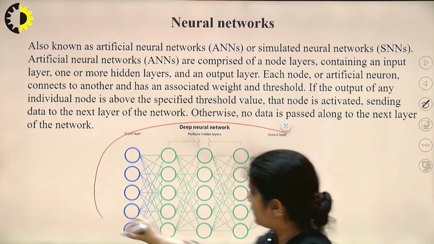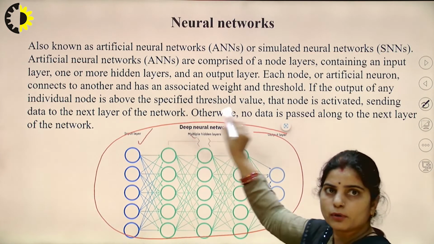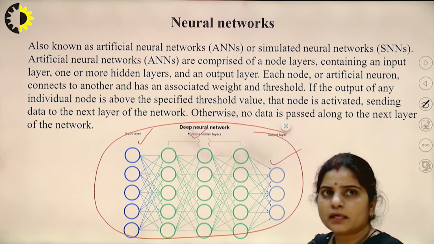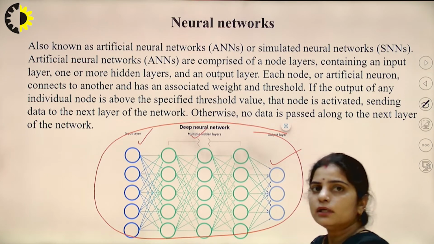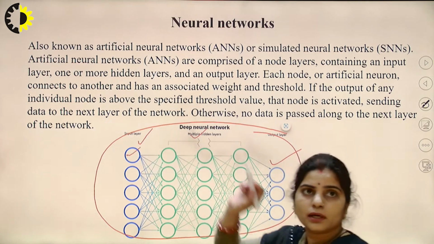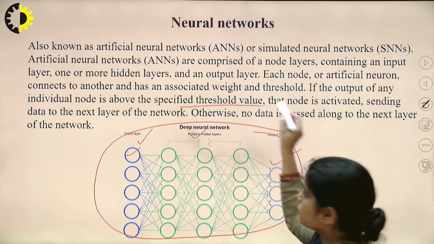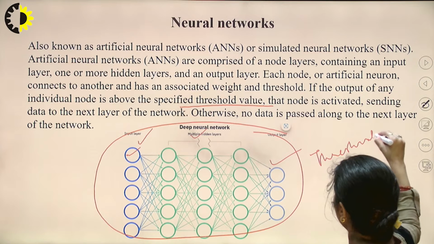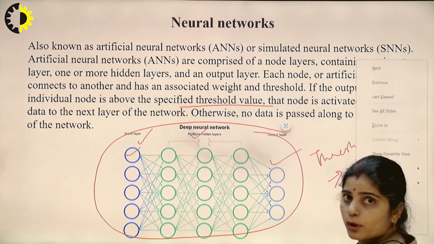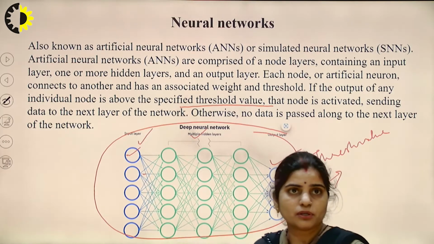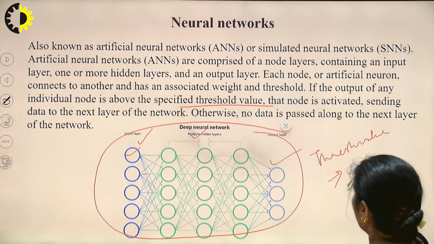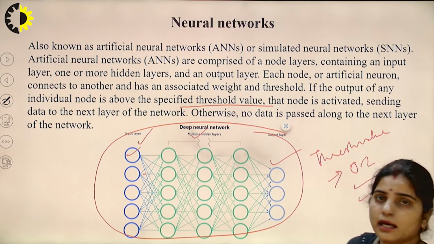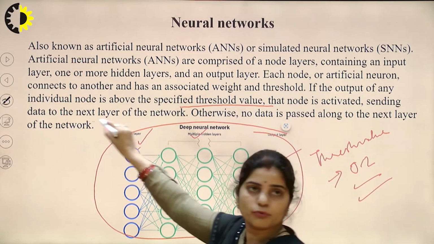So this is a neural network containing one input layer, one or more hidden layers, and one output layer. The concept behind the artificial neural network is this: if the output of a particular individual node is above a specified threshold value, for example 0.2, then only that node will be activated, or fired, and it will be able to send the data to the next layer of the network.